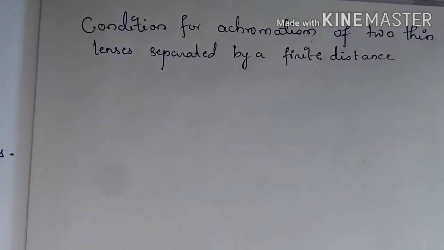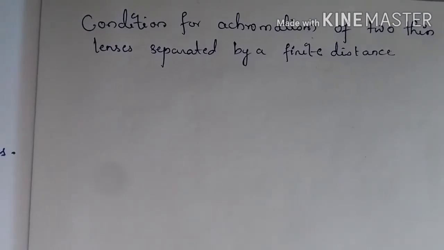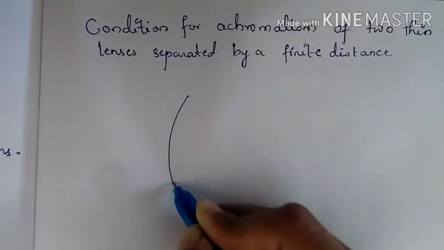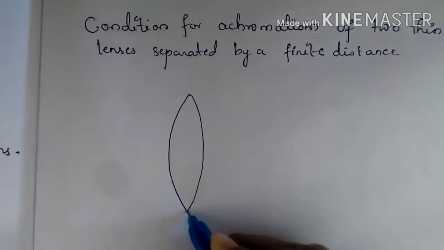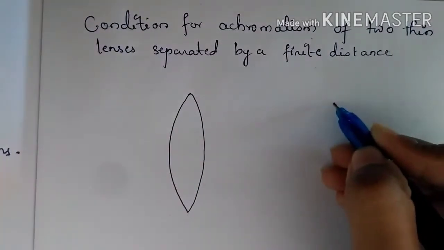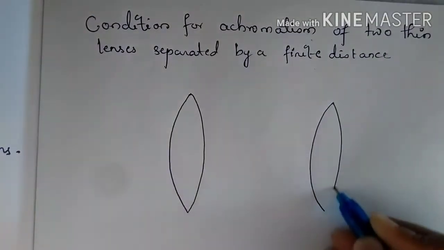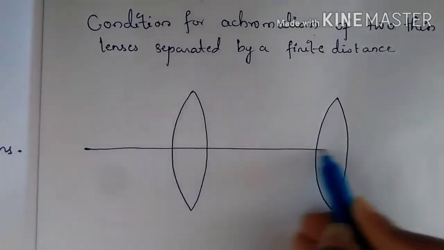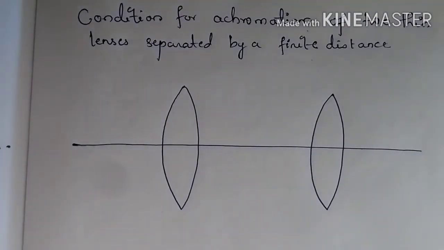So here we need two similar lenses. Let us take two convex lenses. So that is lens 1 and this is lens 2. These two are separated by a finite distance.